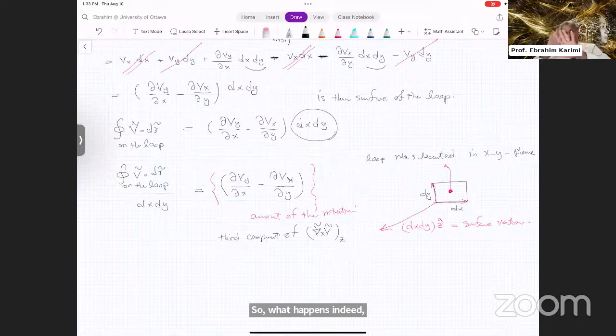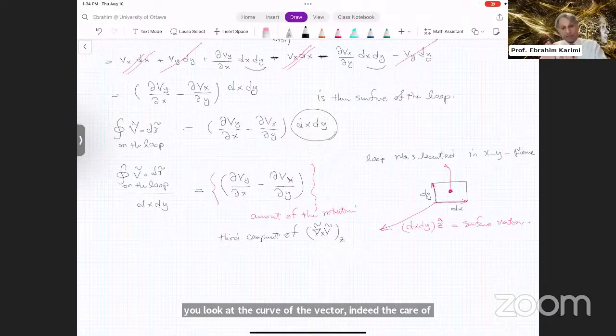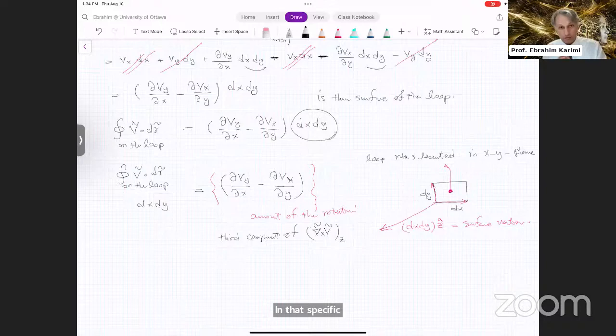If you have a vector and you look at the curl of the vector, the curl will tell you what is going on with the rotation in that specific plane, or along the axis which is orthogonal to that plane.